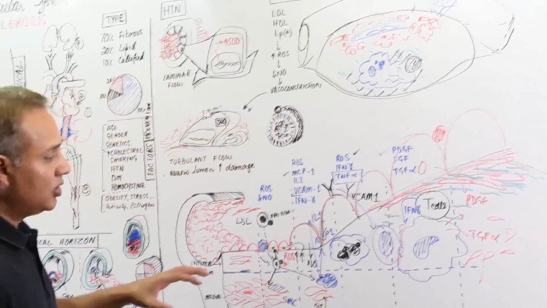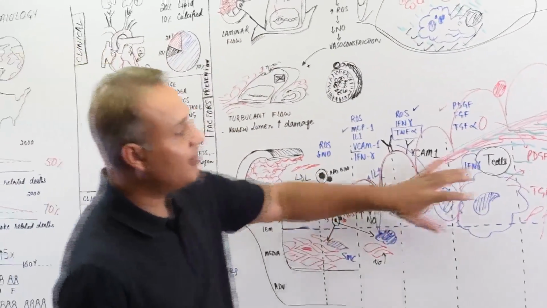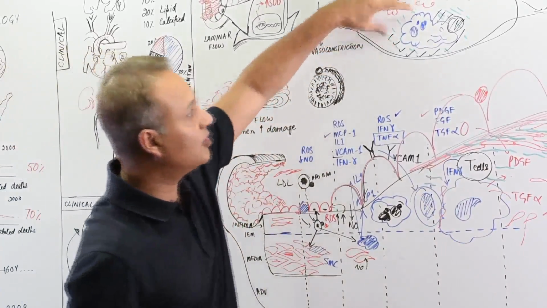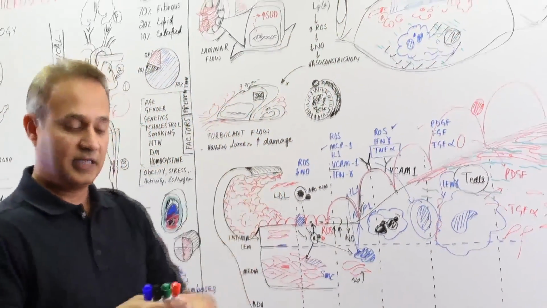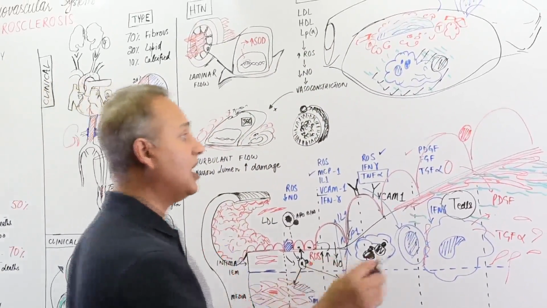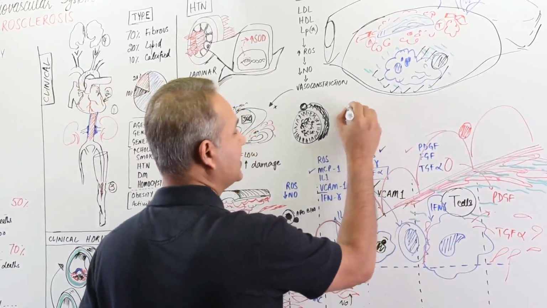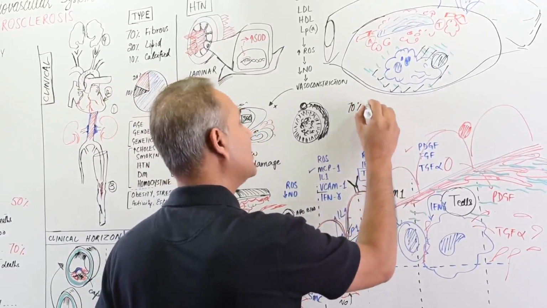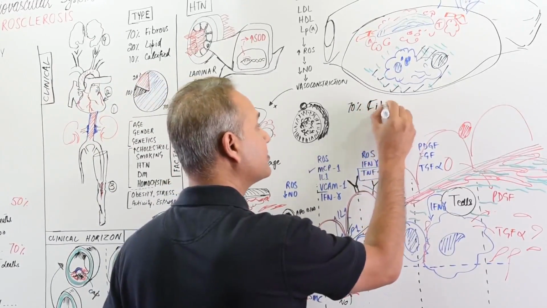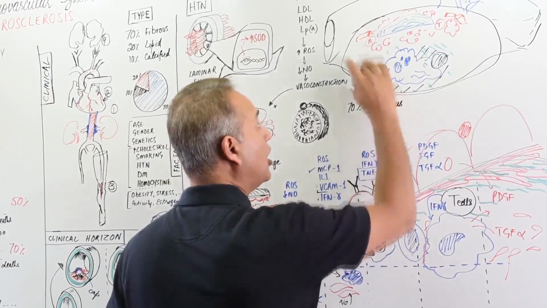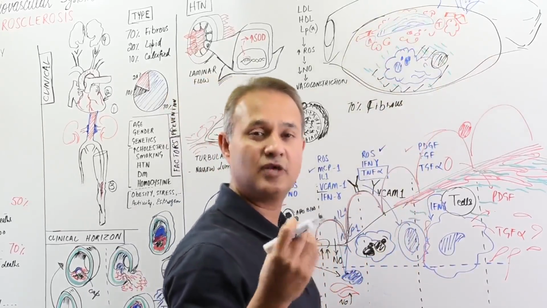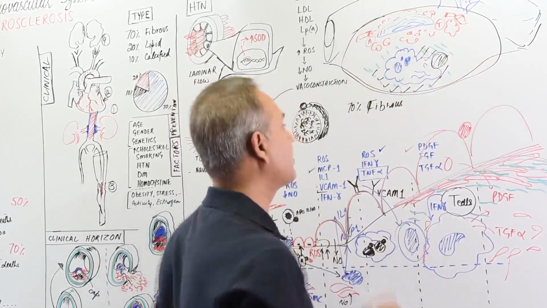Now, what are the types of atheromas? There are three types of atheromas depending upon their composition. About 70% are fibrous, meaning their top and the majority of their extracellular material is fibrous: collagen, fibrin, smooth muscles.